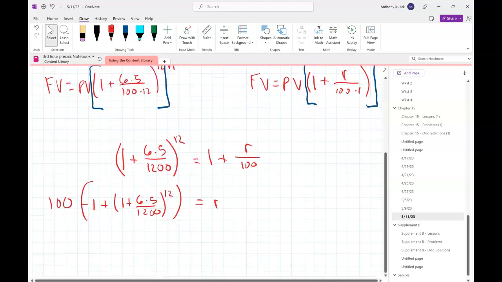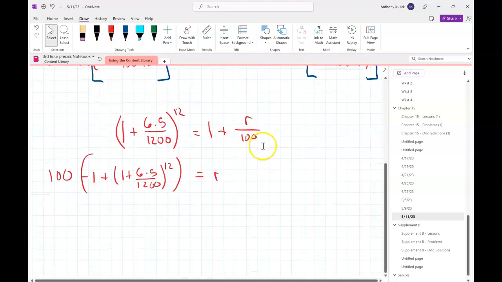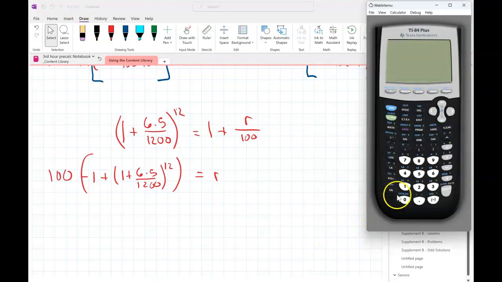And that should give me my value for R. We'll just type that into the calculator. So I got about 6.697, or about 6.7%.